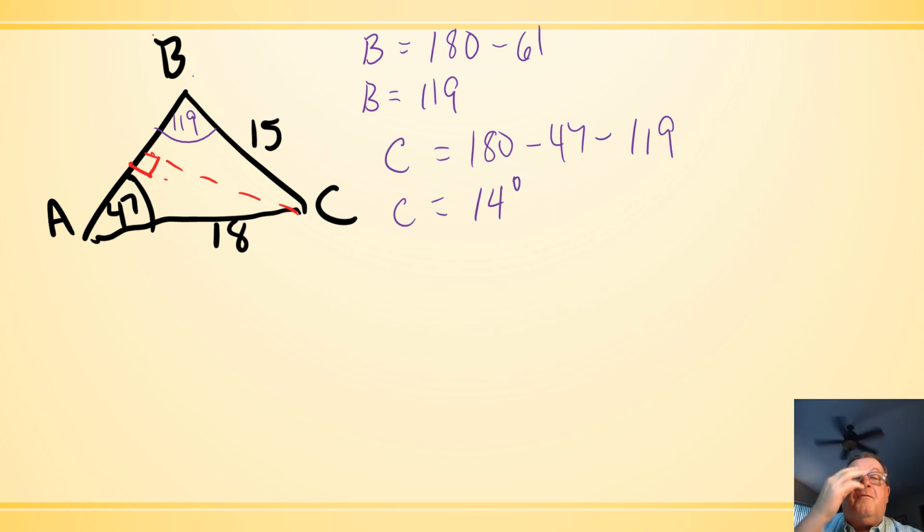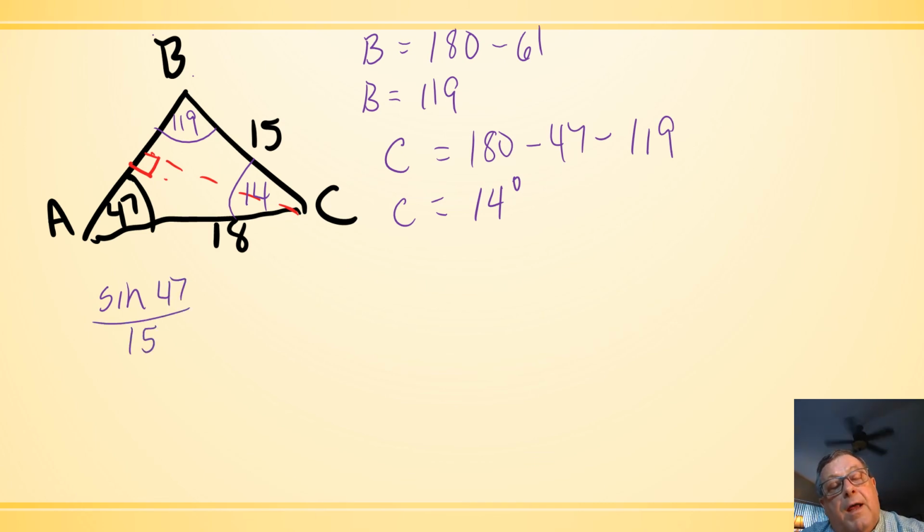So if B is obtuse with a measure of 119, then C would only measure 14. Now we find a new measure for side c. We stay with what we were given, the sine of 47 over 15, angle A over side a, equal to the sine of 14 over side c.